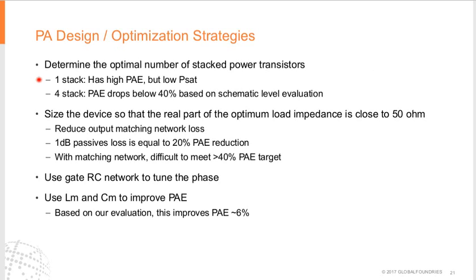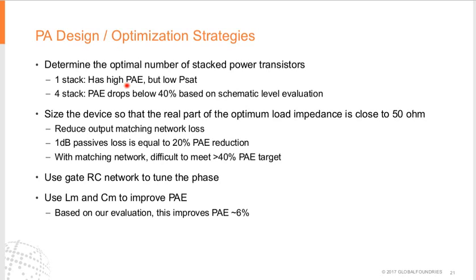So first, we know that for the PA design, the lower the stack number, the higher PAE we can get because of lower parasitic capacitance and connection loss, right? But because of one device, the Psat is also limited. So based on the previous calculation, there is a Psat requirement for different element numbers.